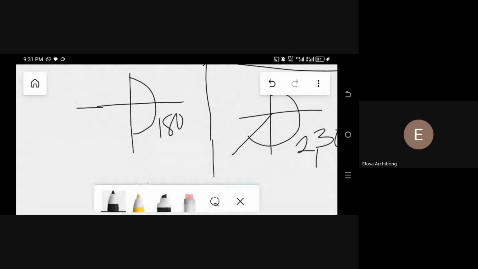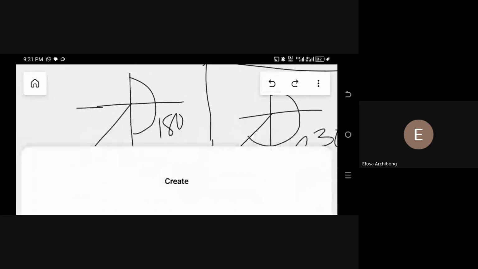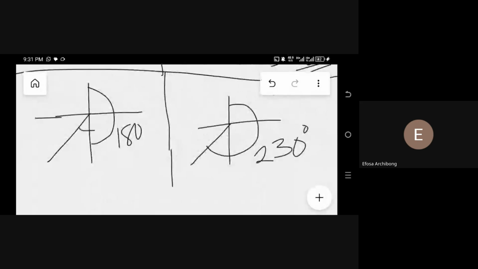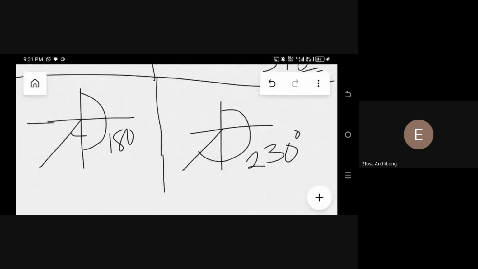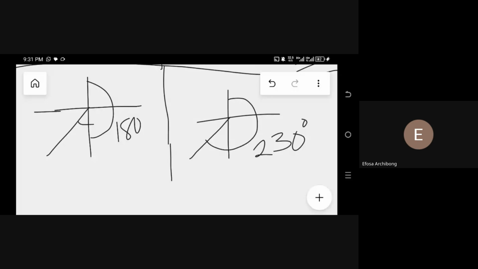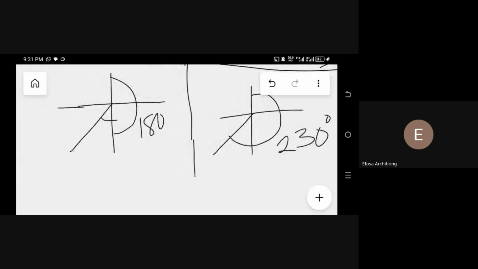Then there is now an extra line there. As you can see, there's now an extra line here. Everything for the three-digit bearing from the north down to that line is 230 degrees. Now from the north down to the south is 180.